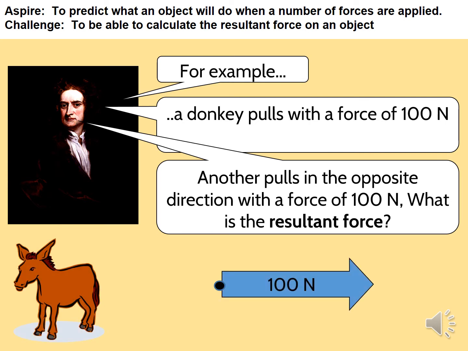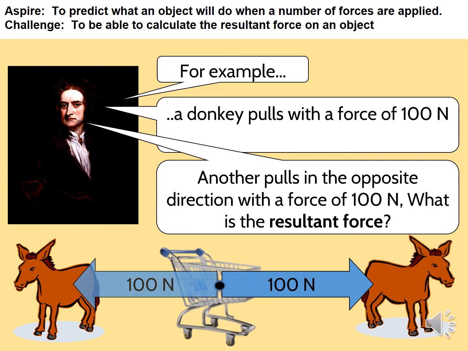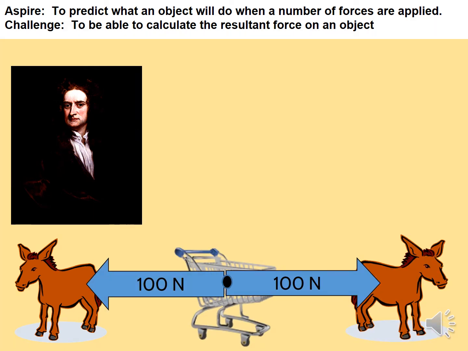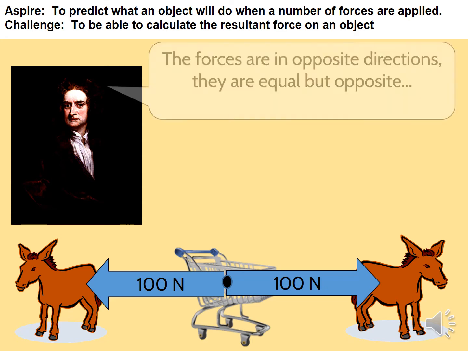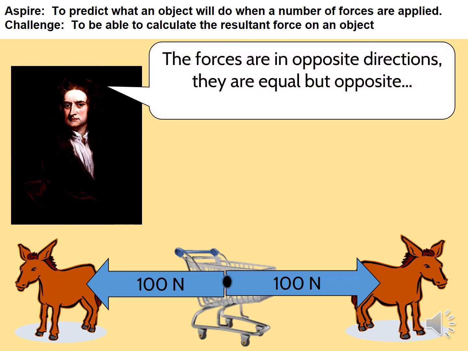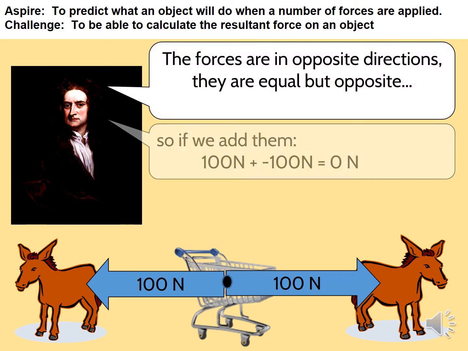So here's one donkey and here's another pulling with a force of 100. So let's look at the answer for a second in maths this time, rather than a free body diagram. Forces are in opposite directions, but they are equal.